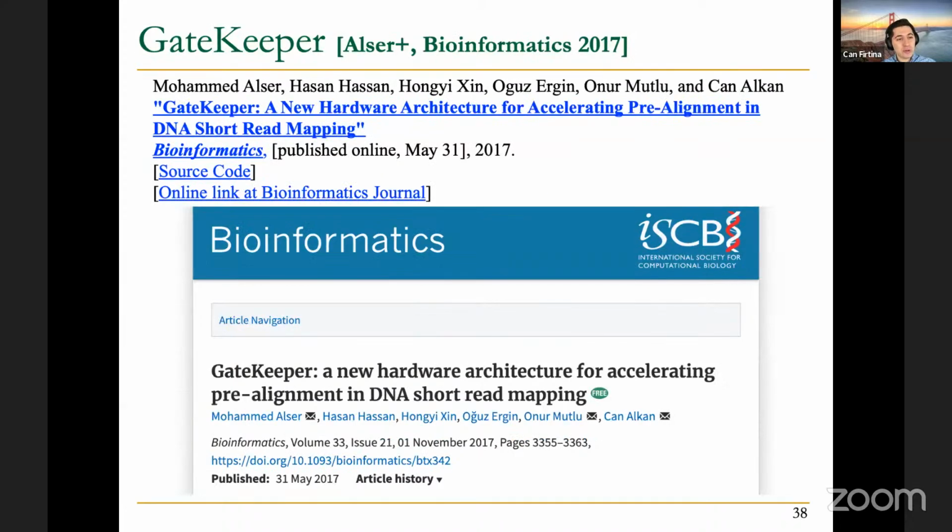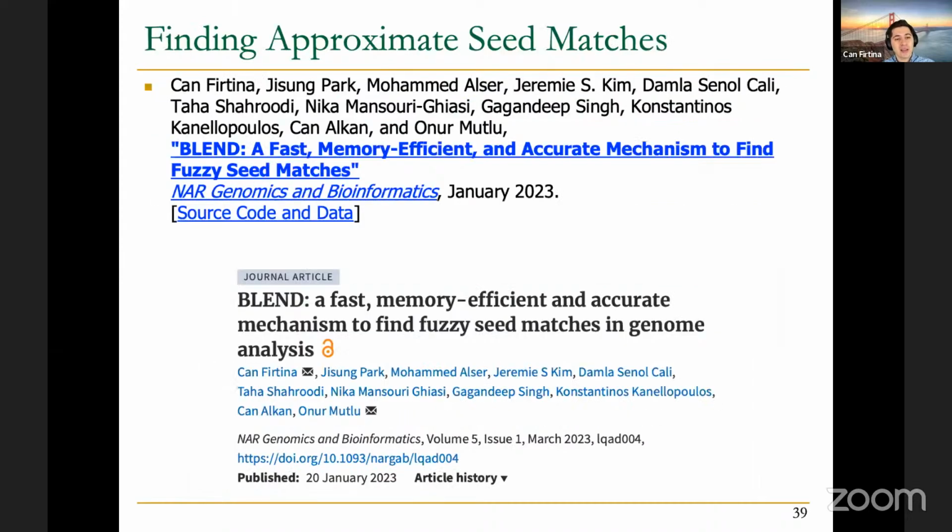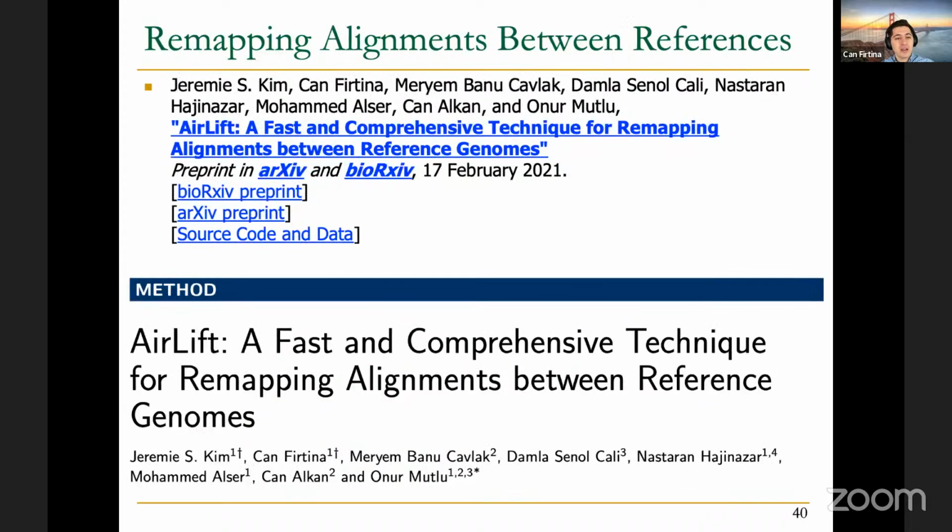Gatekeeper, again, is a similar work to Sneaky Snake, an earlier version, or prior work to Sneaky Snake. We also have other software-focused works. For example, Blend can find approximate matches with almost instant computational complexity, without using computationally costly algorithms.